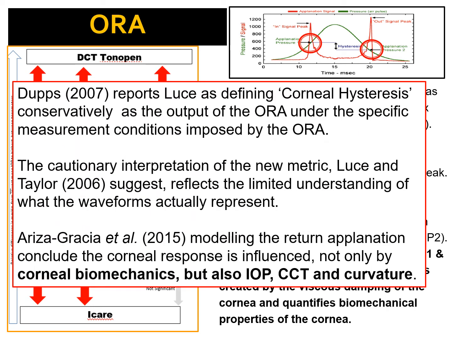So Dupps reports Luce as defining corneal hysteresis more conservatively. They had this great claim that it really is a measure of corneal biomechanics. But originally, Luce defined it, conservatively, as the output of the ORA under specific measurement conditions imposed by the ORA.